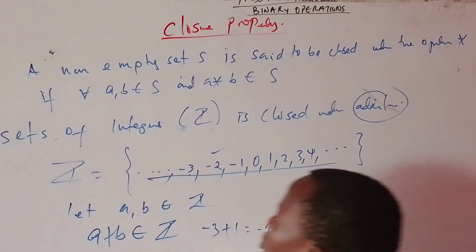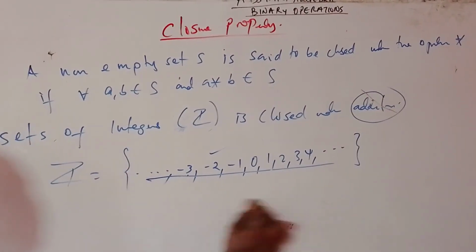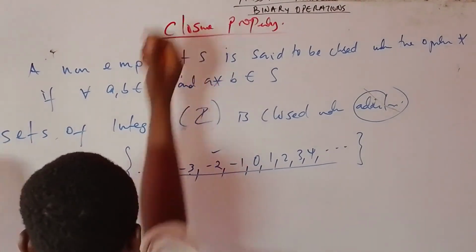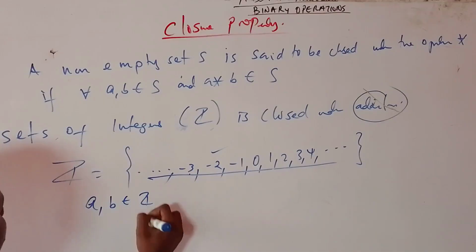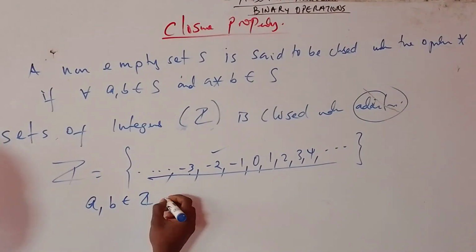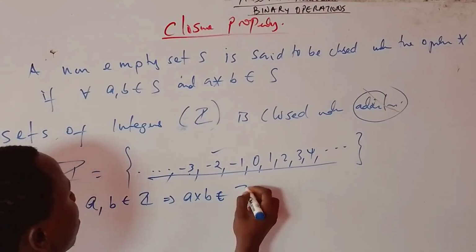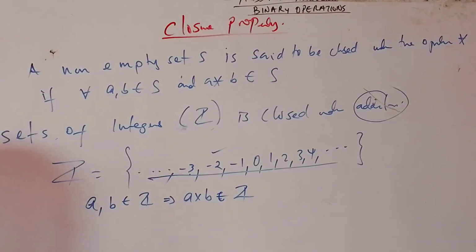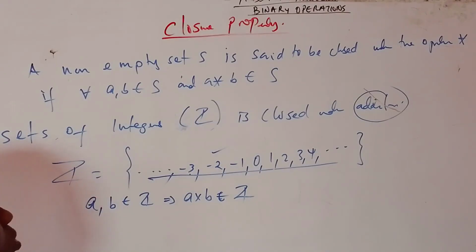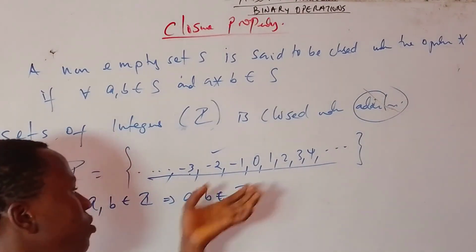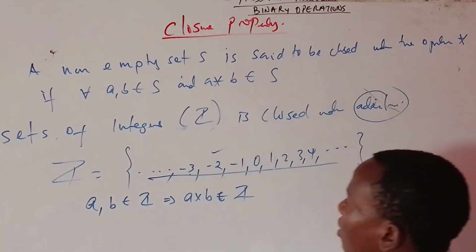Now let's check if the set of integers is closed under multiplication. Yes, it is closed under multiplication. If you take any integers a and b and the operation is multiplication, a multiplied by b, the answer will always be an integer. Let's check.